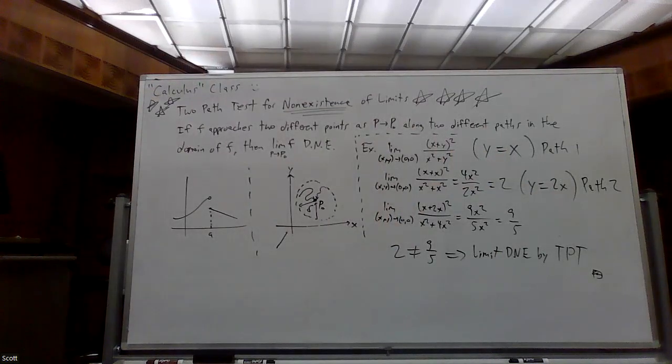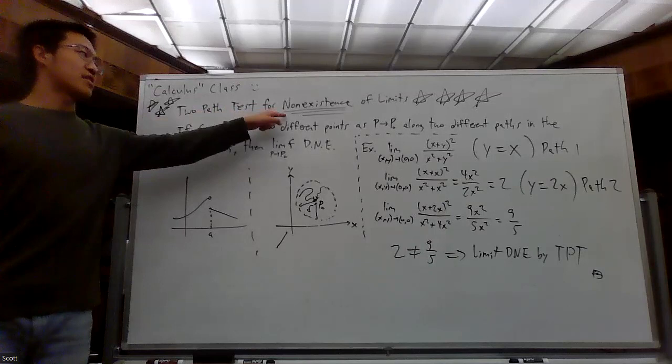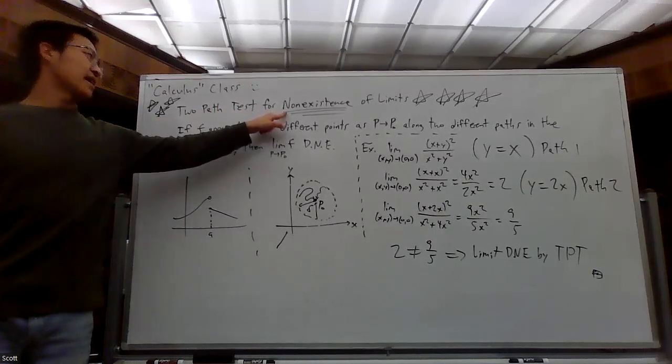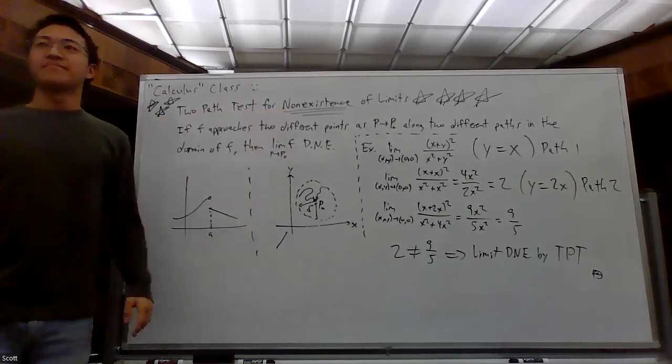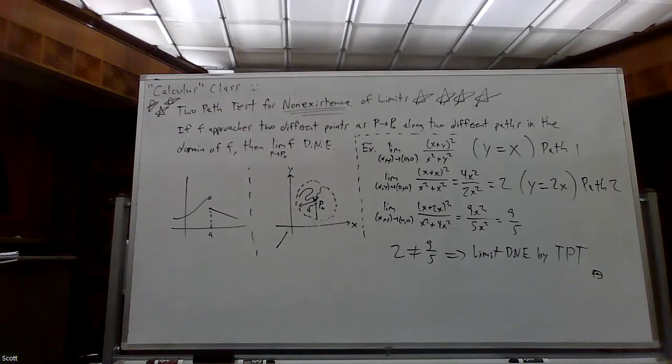But would you be given a problem saying, does this limit exist, test it with this test? Right, no. I would never ask a question that asks for existence relying on a theorem about non-existence, because that inherently is an absurd question. But no, that's a good clarification. Anything else about this? Considering this is the most important section for limits here.